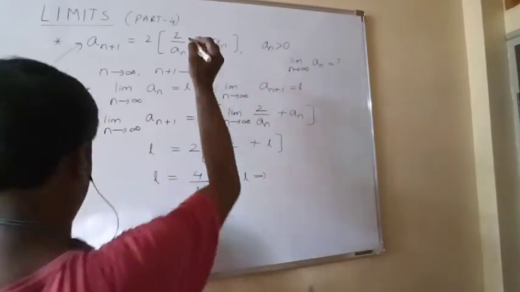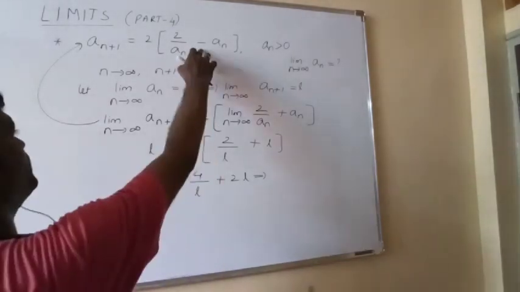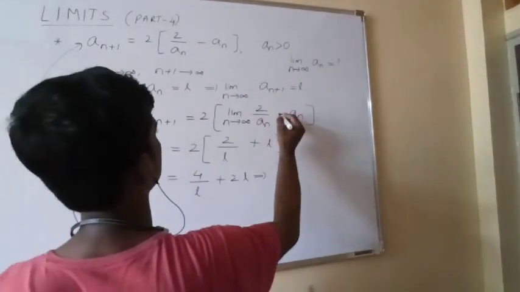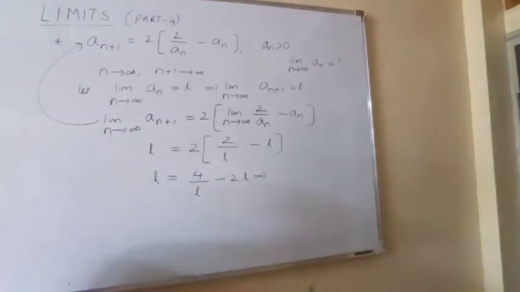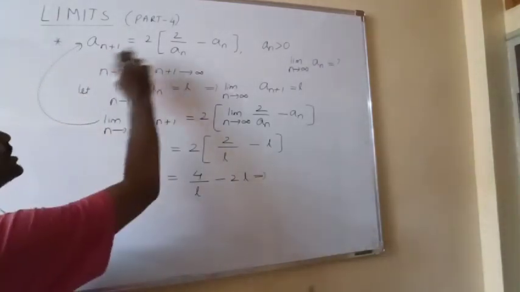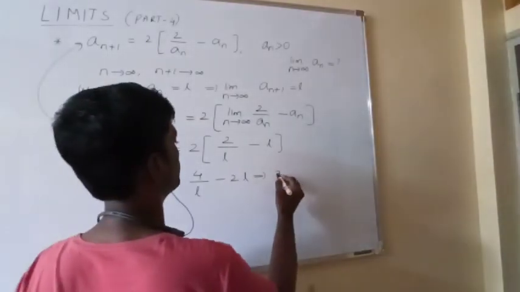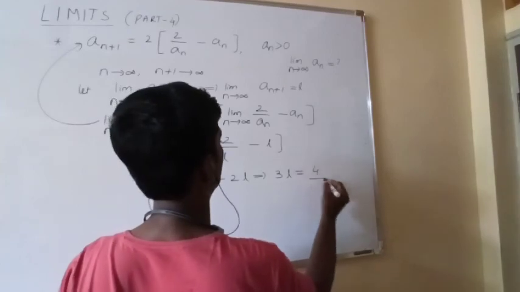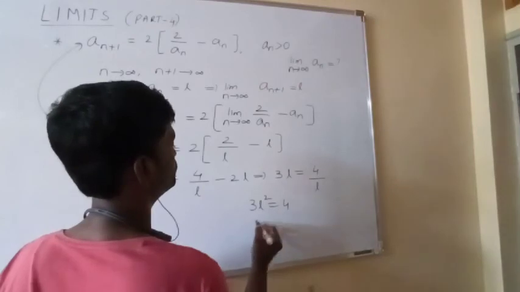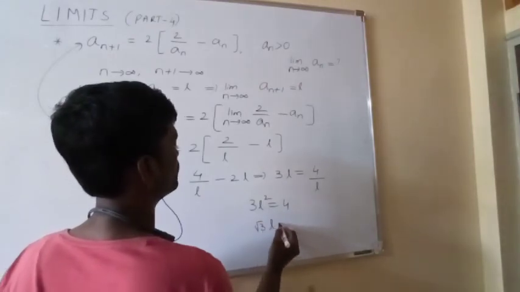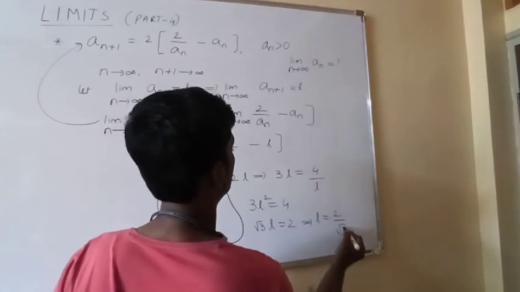Yes, it is minus. I entered it wrong, the a n term here is minus. Okay, so minus 2L, if we transfer this side, we get 3L is equal to 4 by L. So 3L square is equal to 4. Then L square is 4 by 3, so L is equal to 2 by root 3.